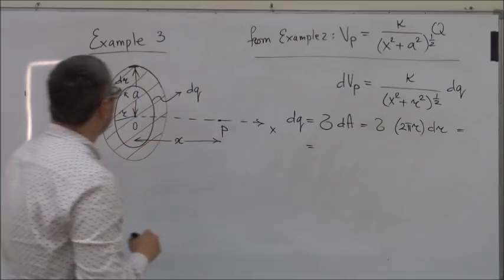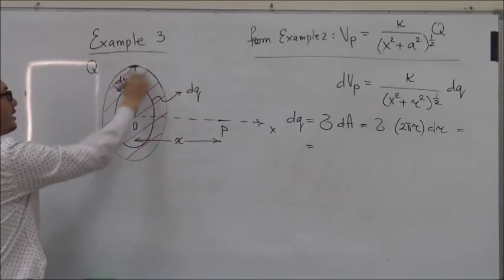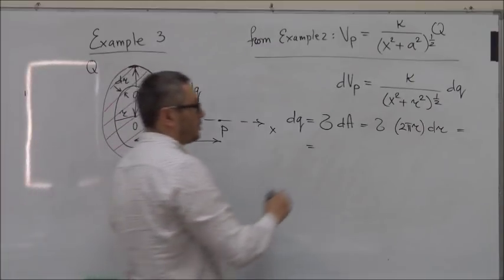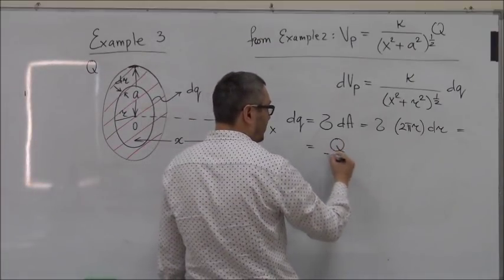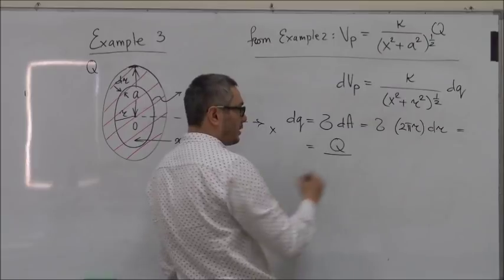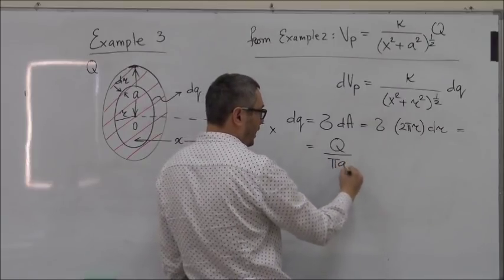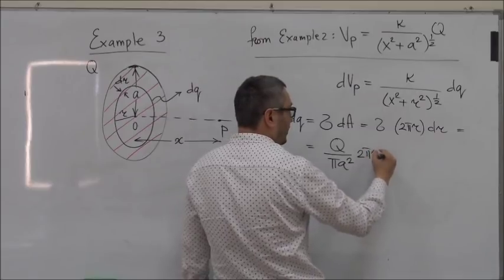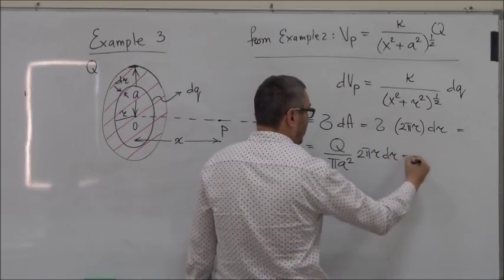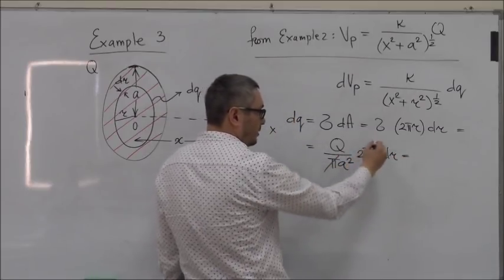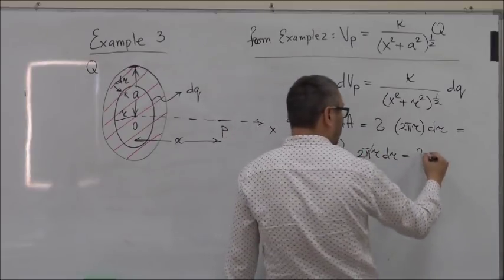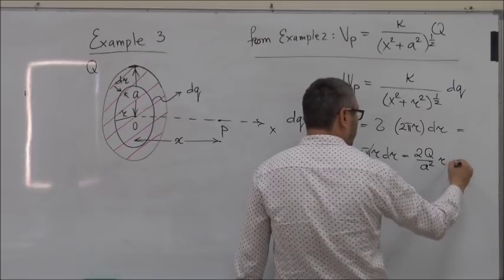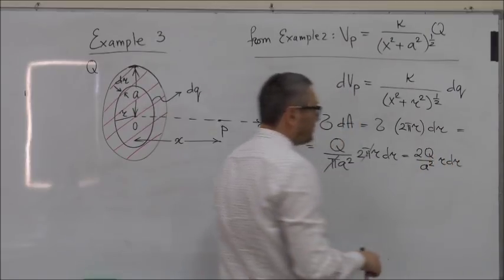Well, sigma we can find from the total charge and the total disk area. The total charge is Q. If we divide it by the total area, that is pi a squared, that will be our sigma. Times 2 pi r dr. Well, you can cancel pi, and so you get 2Q over a squared, r dr.